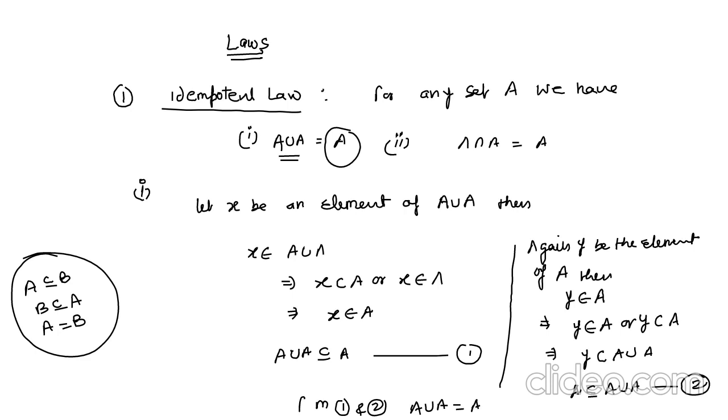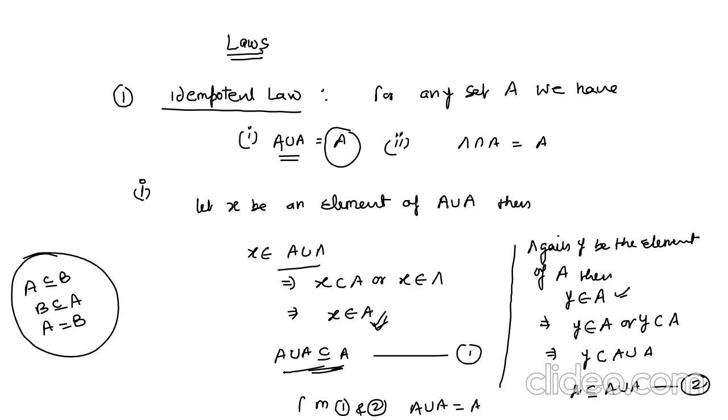You prove the LHS part, then do the reverse process of the LHS part to get the RHS part. Here we consider in the LHS part that x is an element of A union A, and we show that A union A is a subset of A.